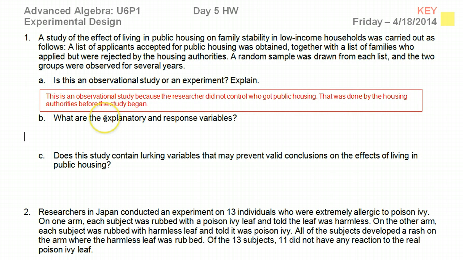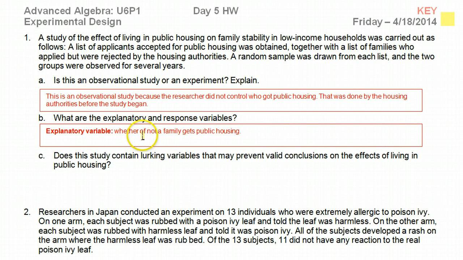In this case, of course, the explanatory variable is the thing that we are studying, the thing that we're thinking about controlling and seeing what difference it causes, and that's whether or not a family gets public housing. So the explanatory variable is getting public housing or not.